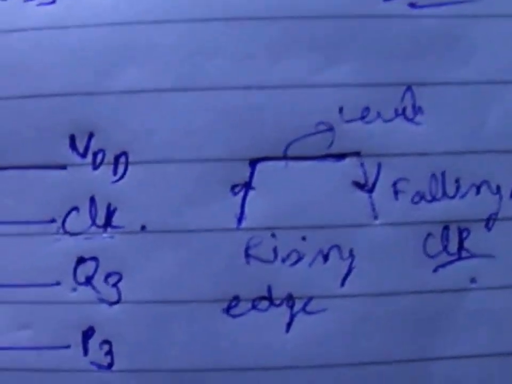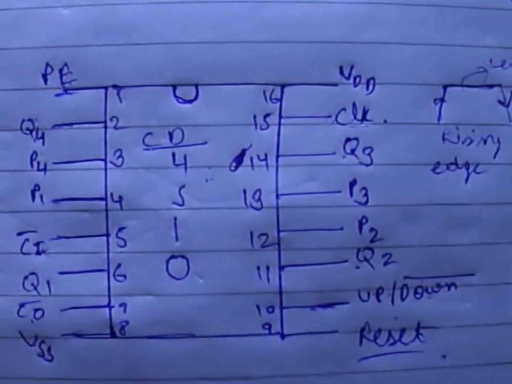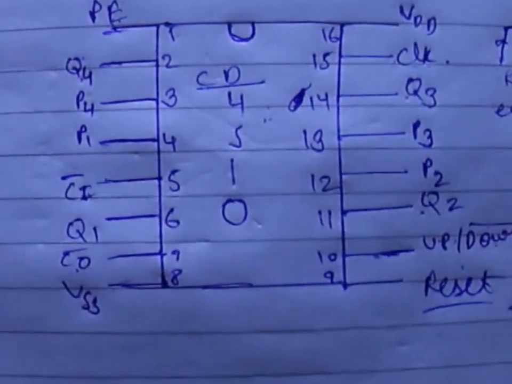So CLK is clock. So I think you have understood this. So I'll now discuss the schematic, how the connections are to be made so that you can understand it in a better way.